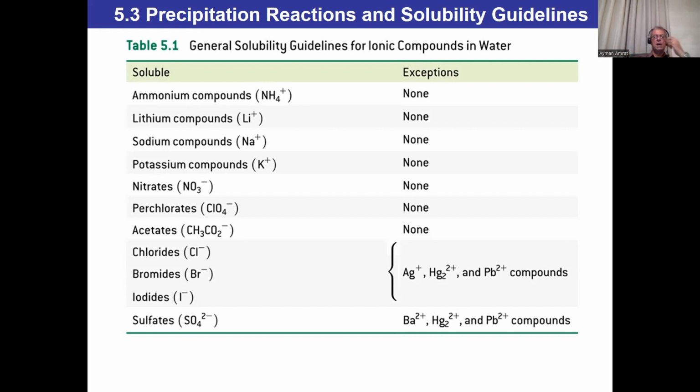Chlorides, bromides, iodides: all ionic compounds containing these ions are soluble except with silver, mercury 1, or lead. These cations form insoluble halides. Sulfates: all ionic compounds containing sulfate are soluble except barium sulfate, mercury 1 sulfate, and lead sulfate, which are insoluble ionic compounds.